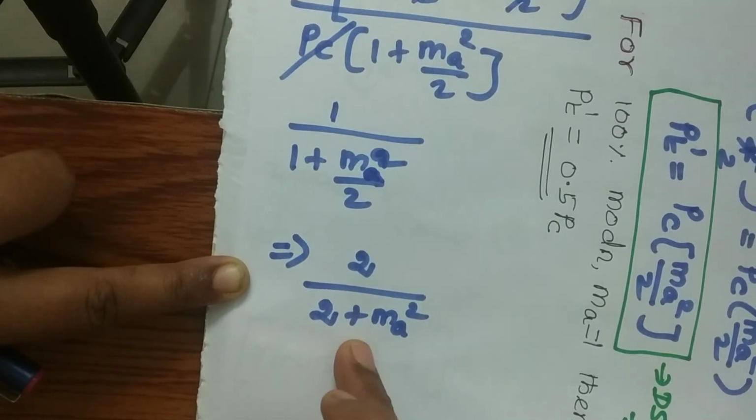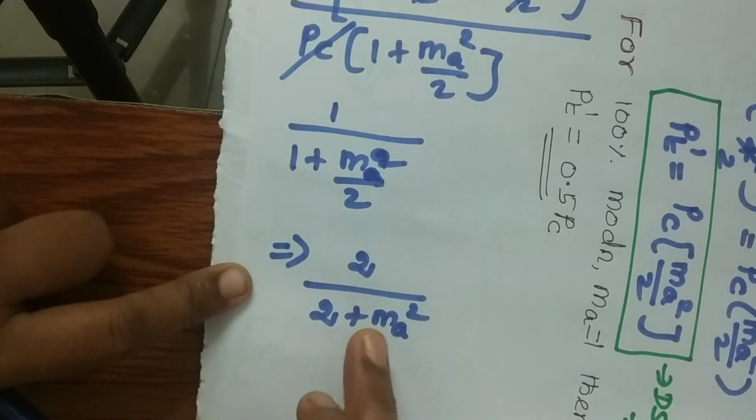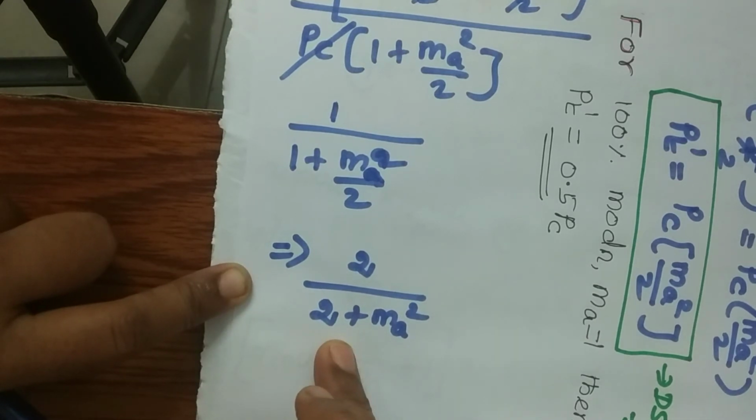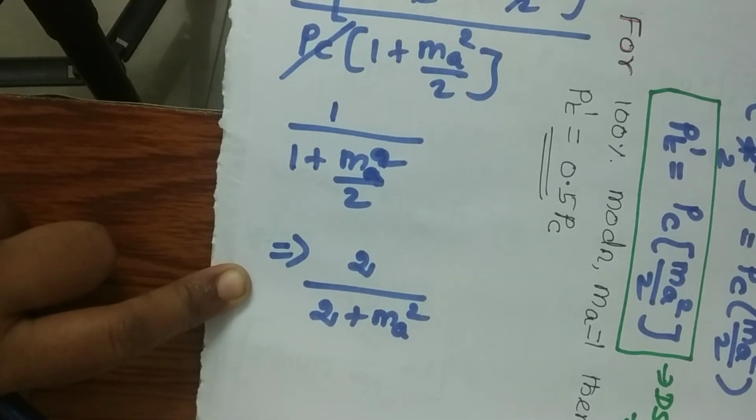So this is the power saving expression for double sideband suppressed carrier amplitude modulation.